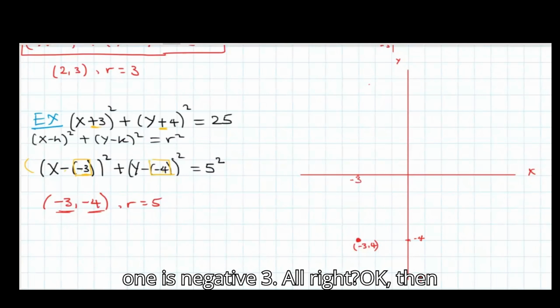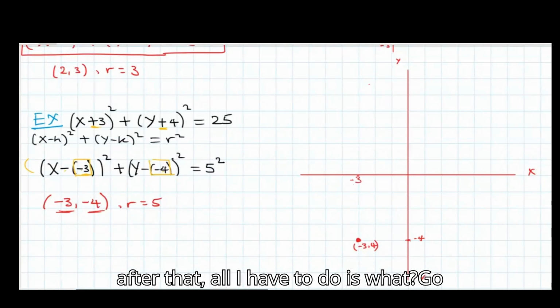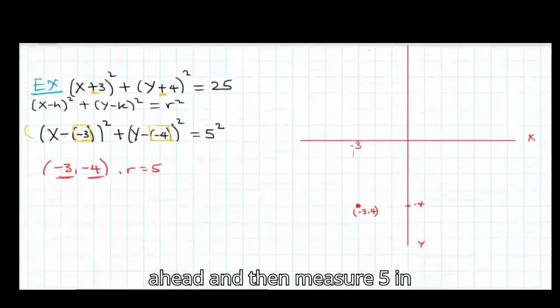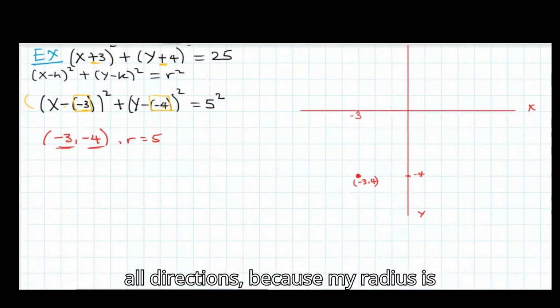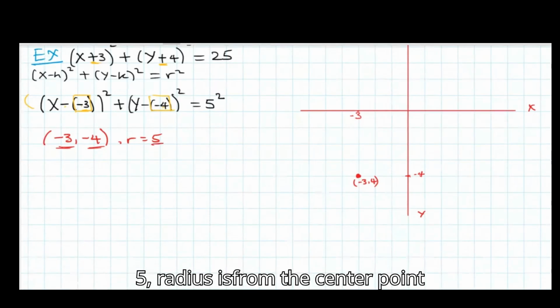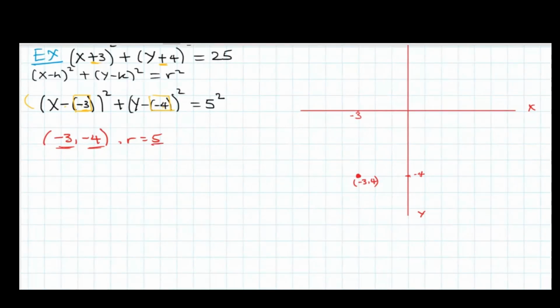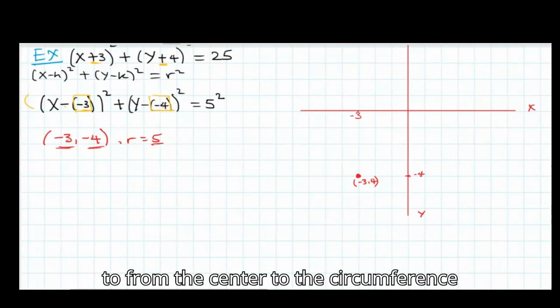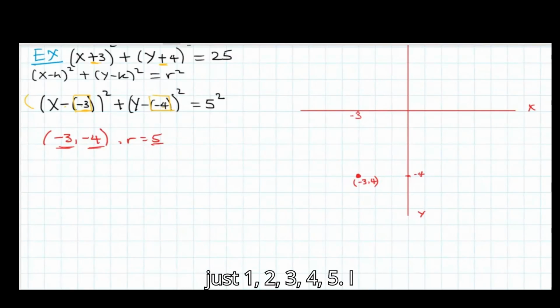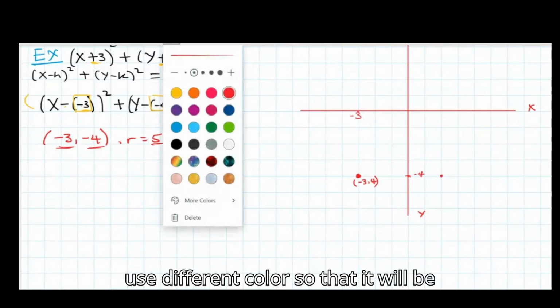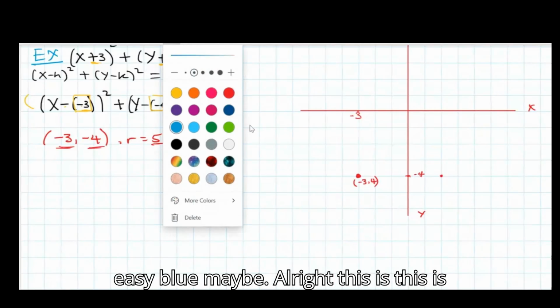Then after that, all I have to do is measure 5 in all directions, because my radius is 5. Radius is from the center to the circumference, so I measure 1, 2, 3, 4, 5. Let me use a different color so it will be easy. Blue maybe.